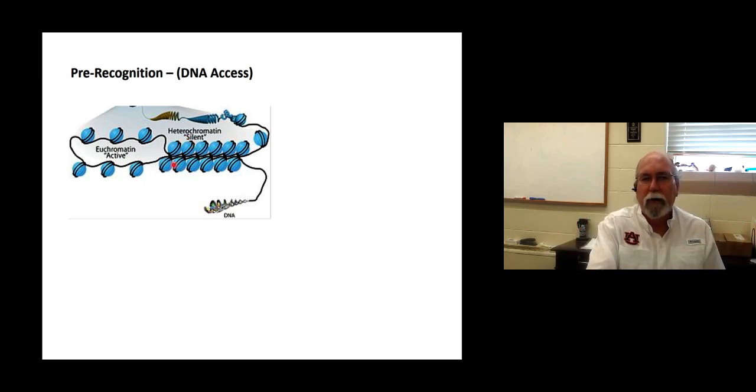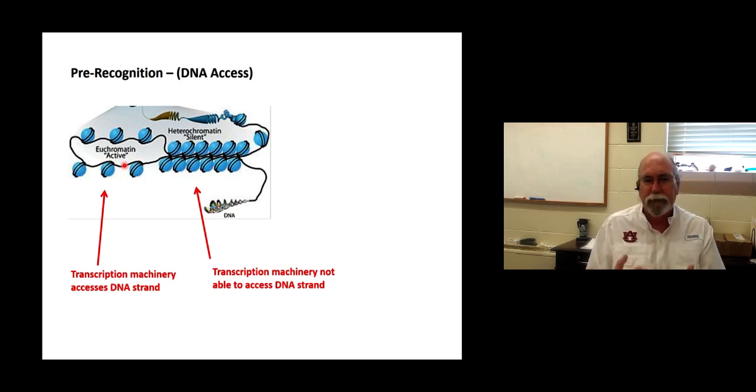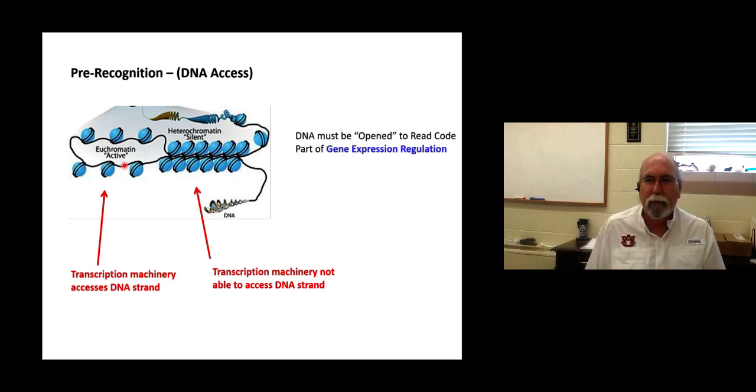And so they go back and forth between those. So we have to have ways to do that, right? If it's in a heterochromatin state, then it's silenced. We can't really transcribe it. We've got to get it opened up over here and get it into a state where we can actually function, where the machinery can come in and take place. So we've got to form at least beads on a string level to make it work, okay?